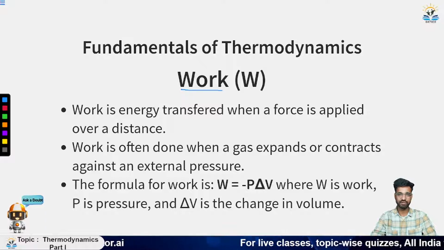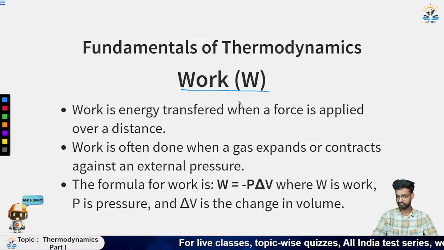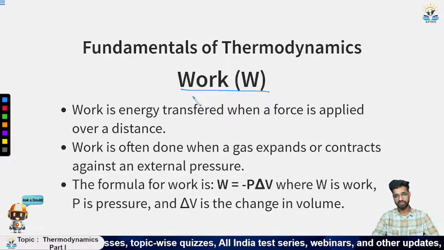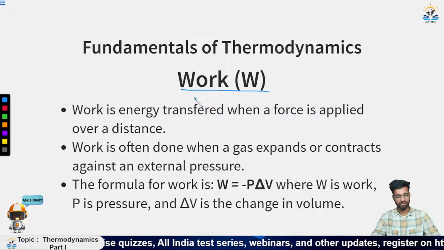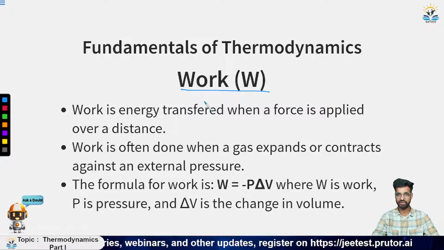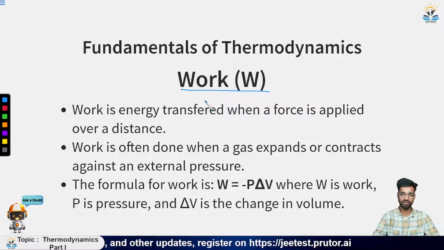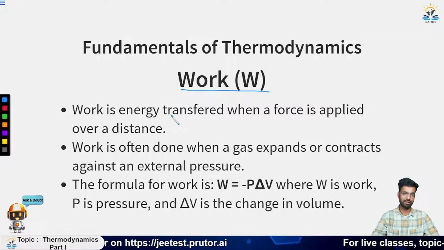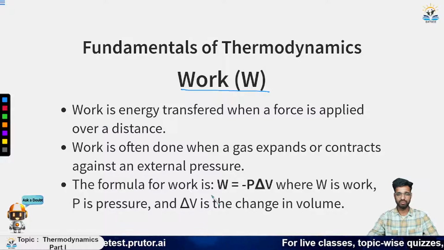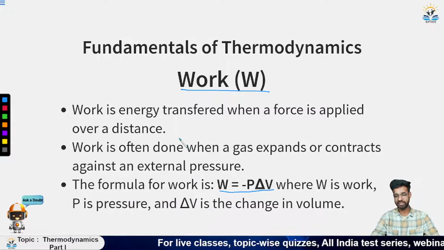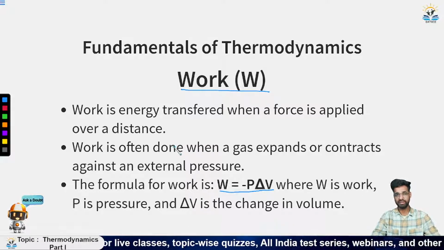Then we'll move to work. So what is work? If you have heard this term in physics also, work is equal to force times displacement, that is F dot D, that is F D cos theta. Now in physics, chemistry, or thermodynamics, we use the formula W = -P delta V. I will not get into its derivation because you must have seen it multiple times.